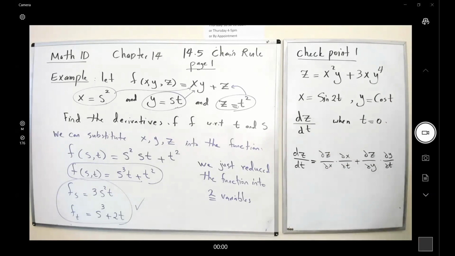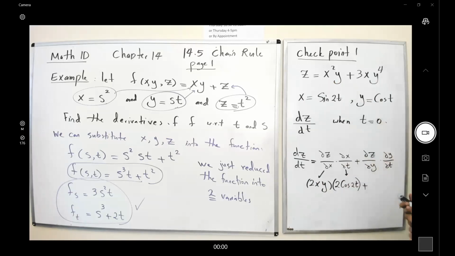So what is dz over dx? What's the derivative of z with respect to x? This is equal to 2xy times the derivative of x with respect to t, which gives you 2 cosine 2t, plus dz dy.